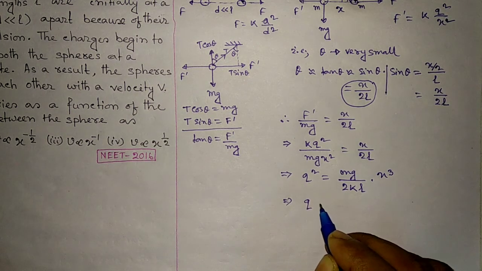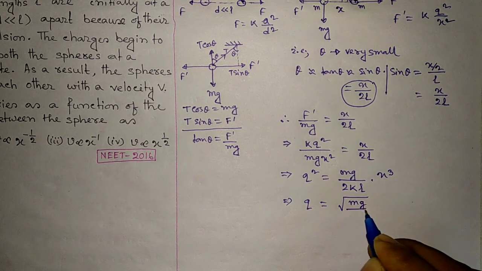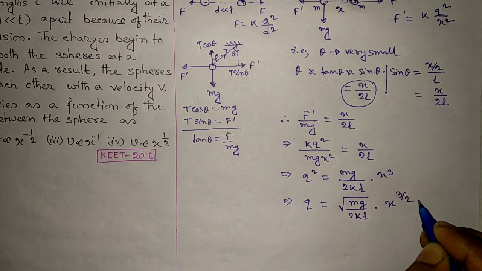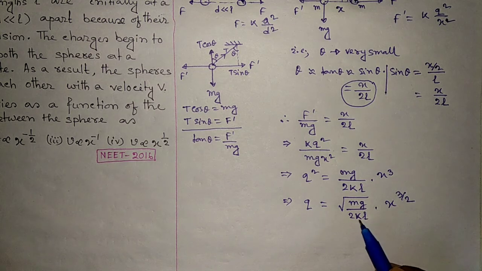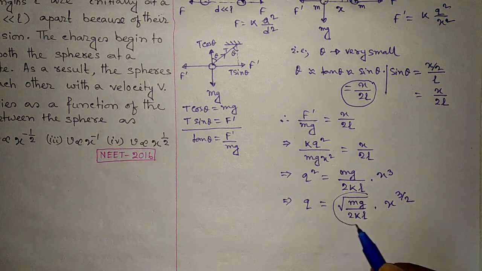Now q equals root over mg by 2kL into x to the power 3 by 2. Here m, g, k, and L are all constants, so this term is a constant.